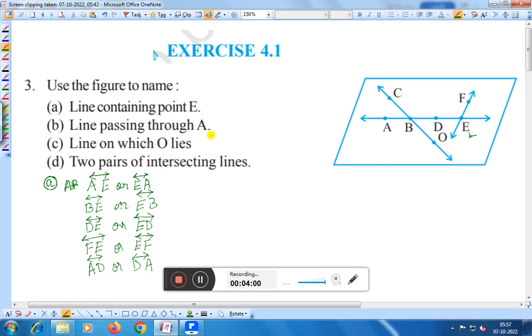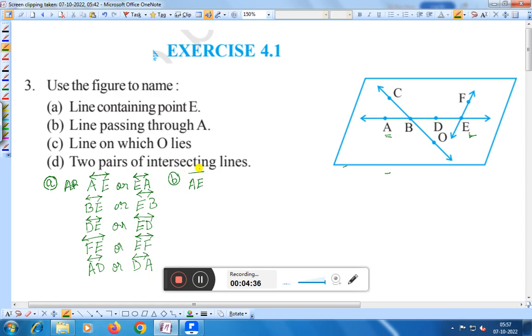Now question number B is line passing through A. Here A is a point, right? Line passing through A. That means we can write AE.